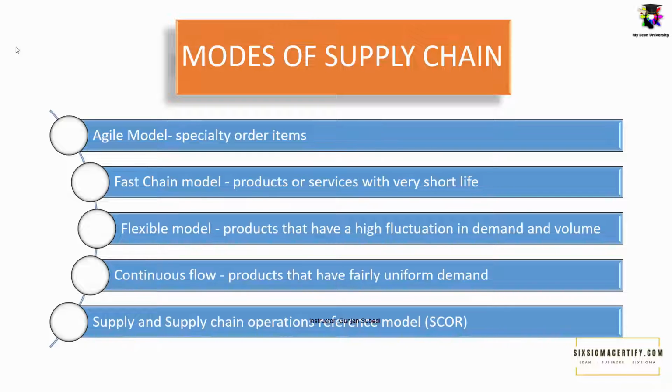Out of all these models, for strategic decision making and its acceptance and use in almost all forms of business, the SCOR model is the most promising one, and we will also study the supply chain SCOR model in this course.